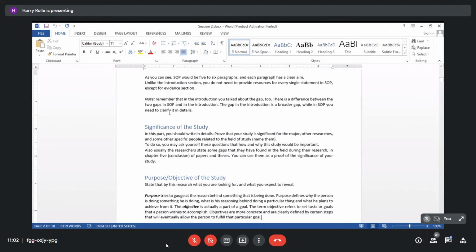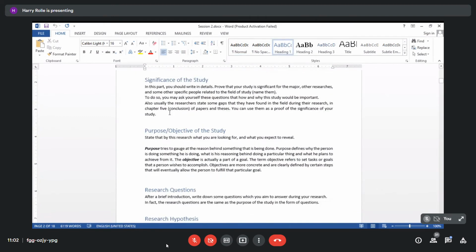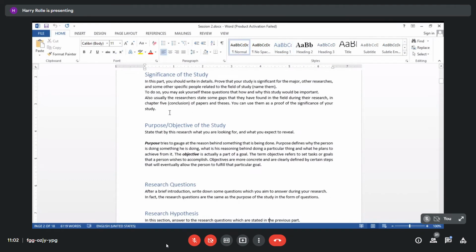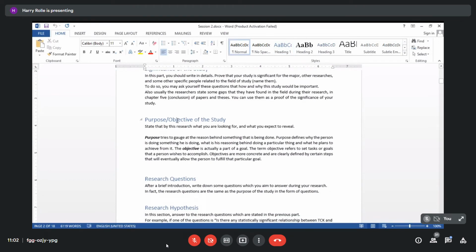Okay, so we have here the objective and the purpose. Sa atin normally we use objective, not the purpose, ha? Pero sa ibang study we call it the purpose of the study, but sa atin objective of the study. Purpose tries to gauge the reason behind something that is being done. Purpose defines why the person is doing something.